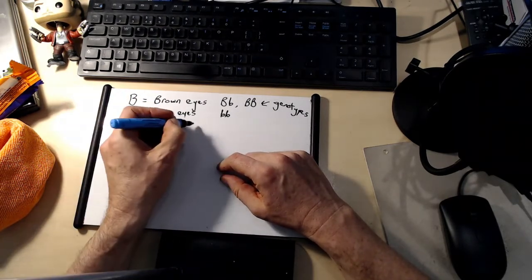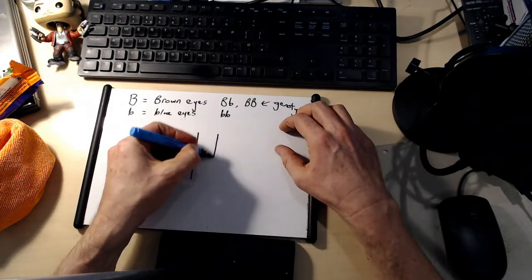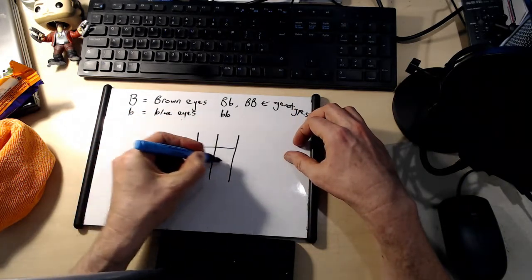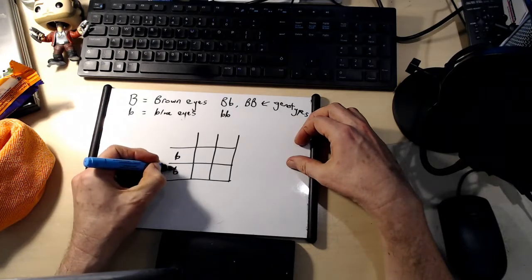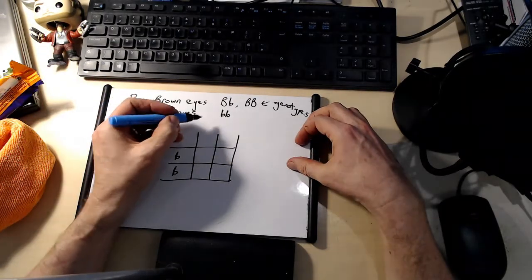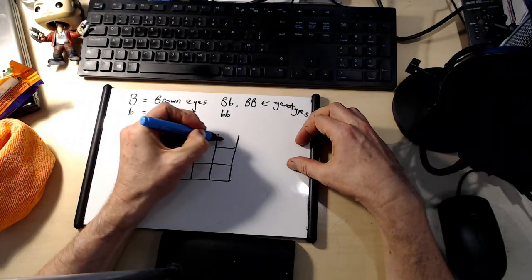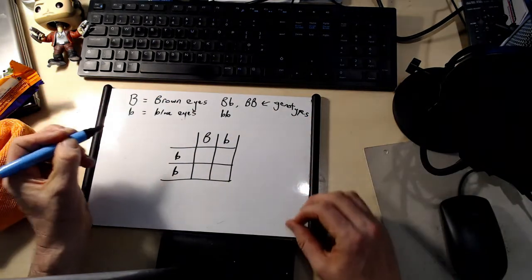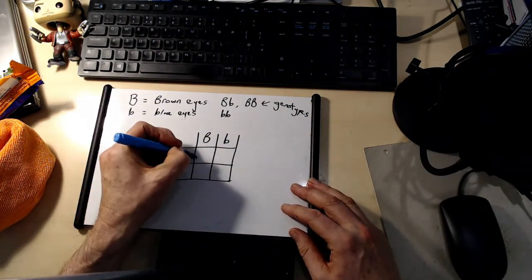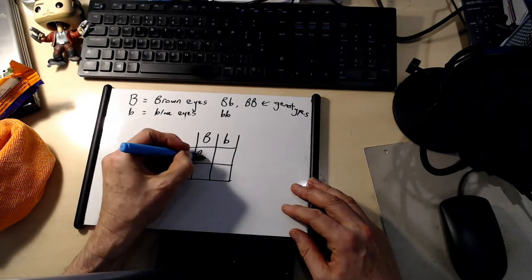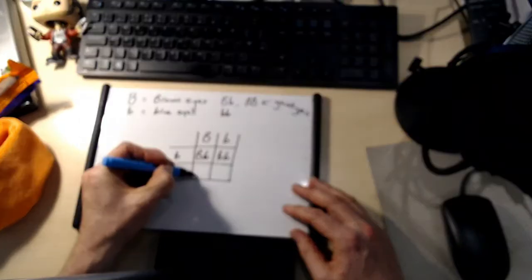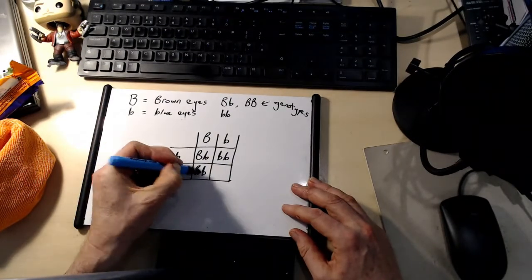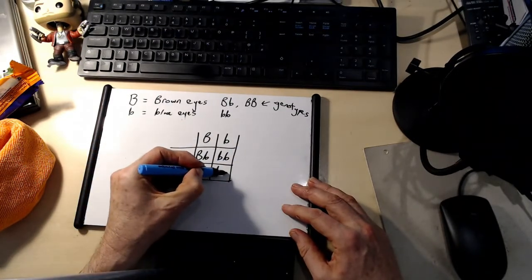So again, we'll draw the Punnett square. So male, I'm going to make little b because they've got blue eyes, and the mother is heterozygous for brown. Okay, so again, I always go with the dominant allele first. So you can see I'm just working out which one's which, and little b, little b.